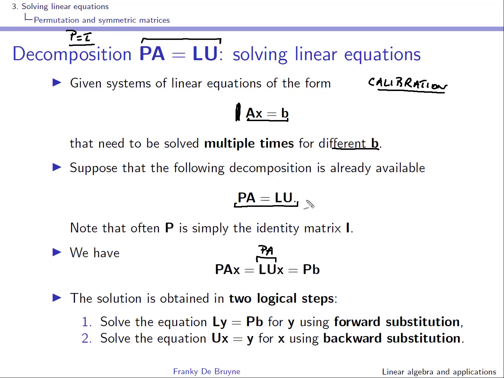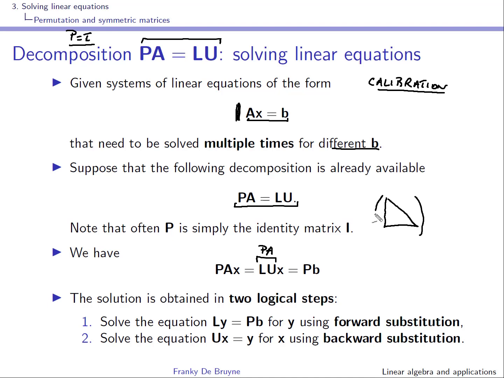You have to do the work one time, and then what you do is simply say Ly is equal to PB, and L is lower triangular.